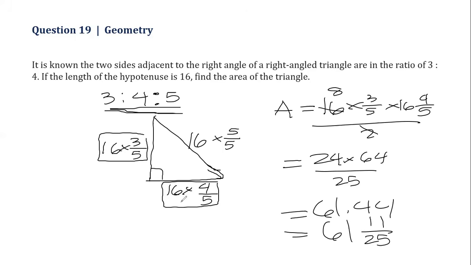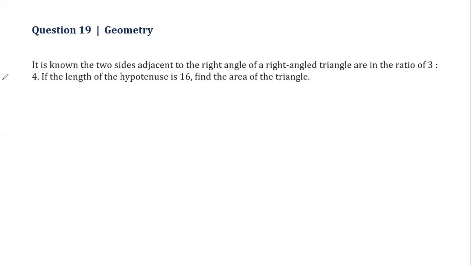So we can get the actual length of the sides in a way that maintains this ratio, since the hypotenuse is 16. Okay. Any more questions? Okay, thank you. No questions? I think we can proceed.